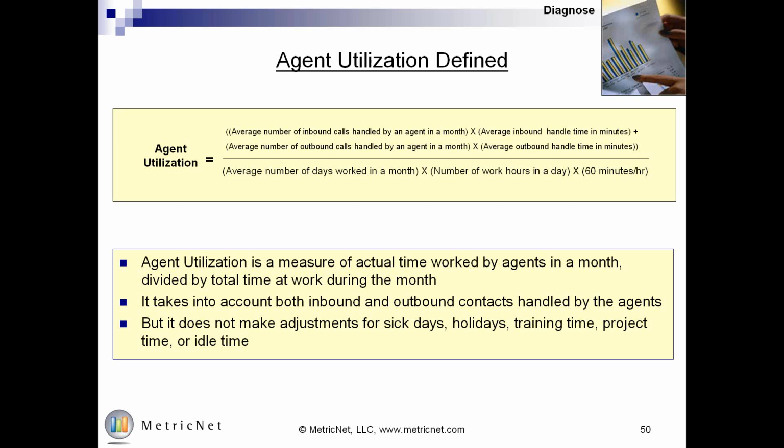The average is only about 50% worldwide. Again, we don't back out sick days, vacation days, holidays, training time, or admin time. We don't back any of that out, and that way we get a pure measure for every call center worldwide that's in our database. So this is a relatively easy way to calculate agent utilization. The number ranges from a low of about 18% to a high of about 80%. Again, the average is right around 50%. When the number gets too much above 65%, you start to run your agents a little too hard, and you'll start to see burnout and high levels of turnover and attrition.